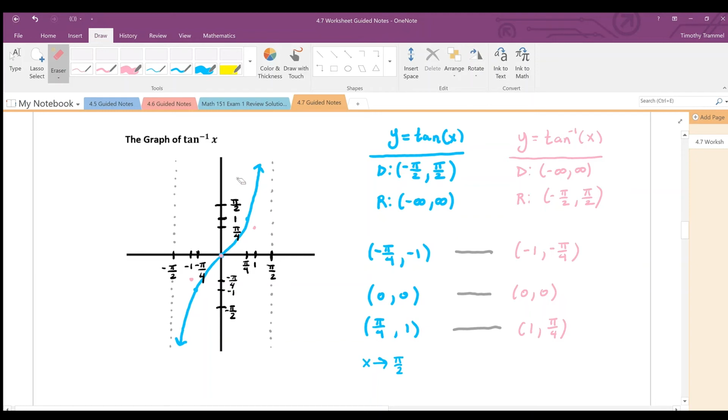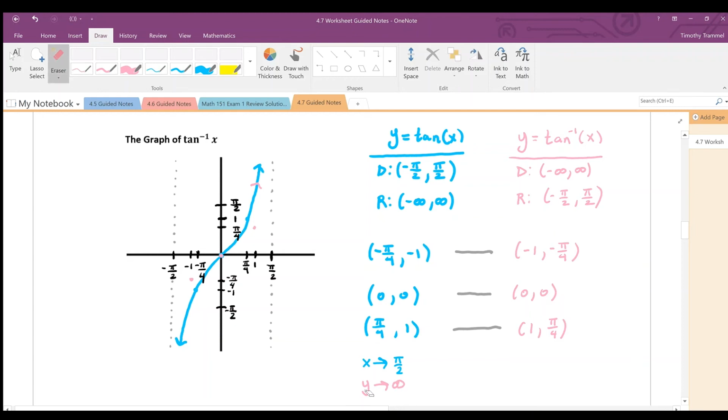Okay, you can see it's growing without bound there. It's going to keep going and going and going. And so what that means is our y value is going towards infinity.